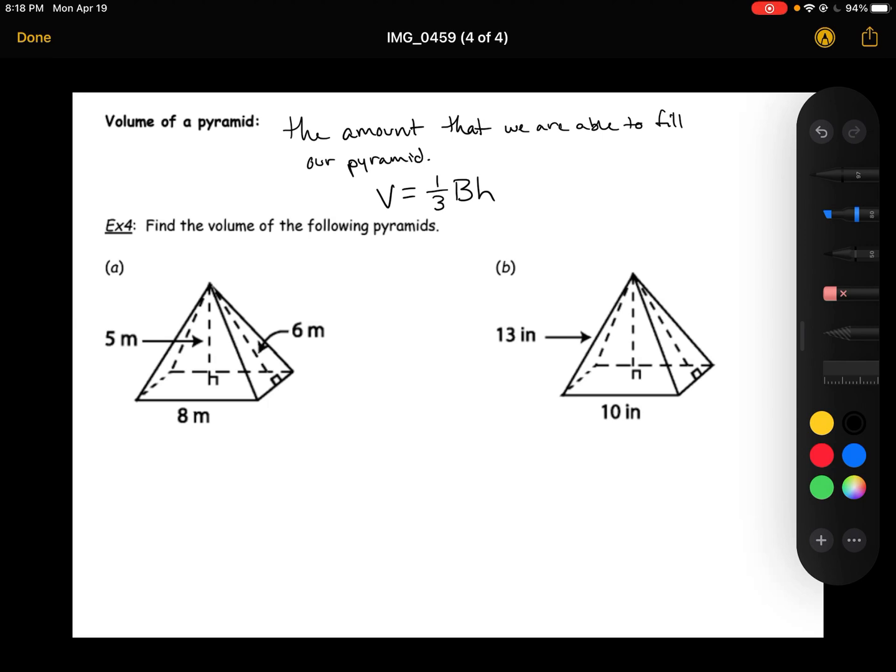And there is a formula for this. It's going to be 1/3 this time times the area of the base times the height. So we have most of these things. It's just time to go together and solve it.